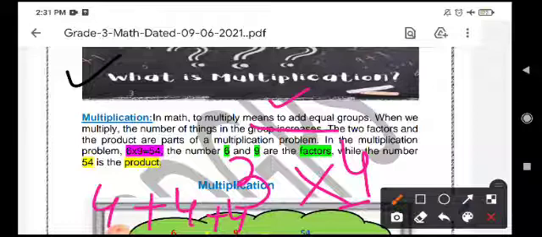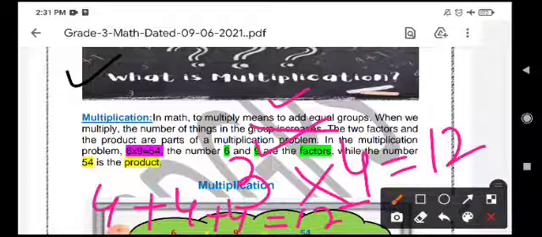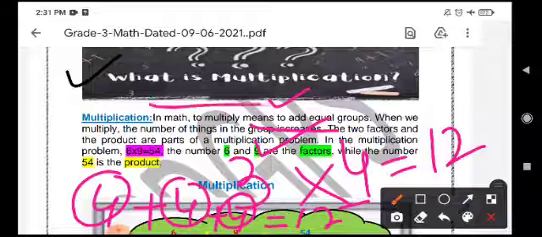That means 3 multiplied by 4. Also you can write it like this: 3 times 4, and you know 3 times 4 is 12. Also 3 fours are 12. So multiplication has simplified our addition, we can say, of equal groups. Here you are saying equal groups. That is what we mean by this line.